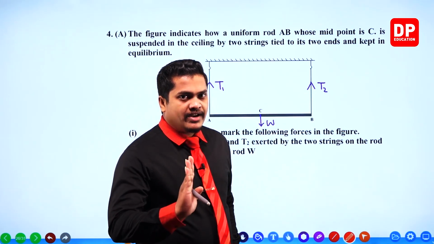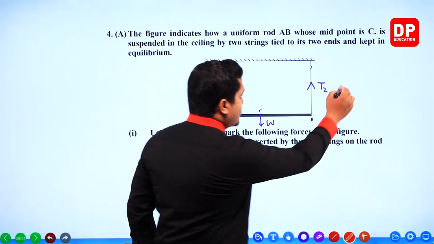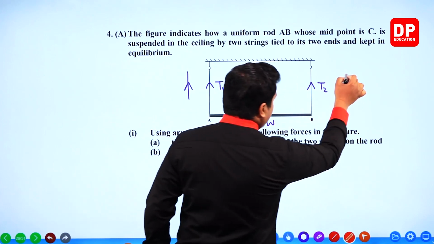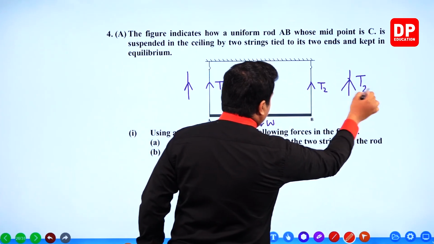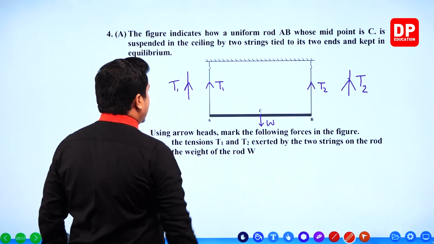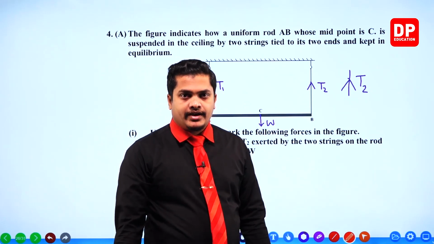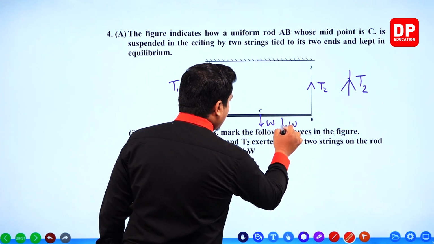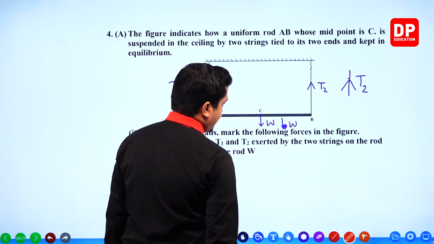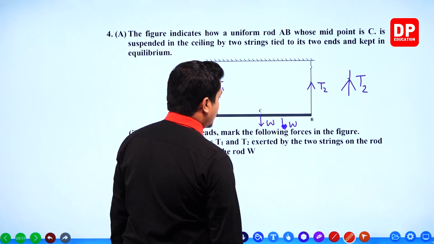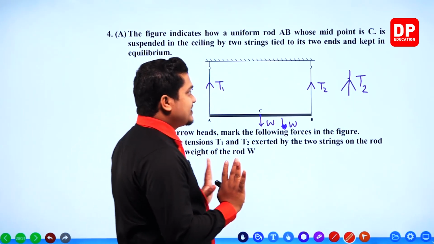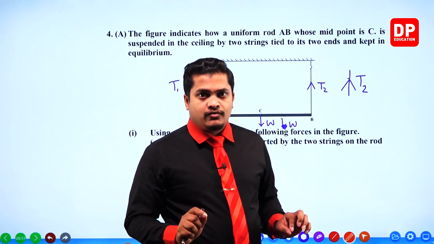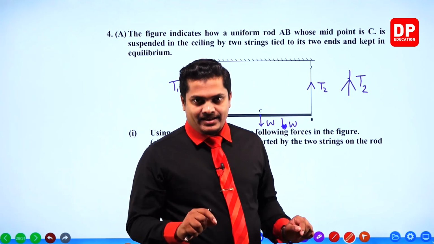So this is important, my dear children. When you are marking tensions, don't mark them like this. Some may mark it like this, and if you mark it like this, it is totally incorrect. Sometimes you will mark the weight like this, and that is also incorrect, because these forces are not acting on our environment. Those forces are acting on the materials.